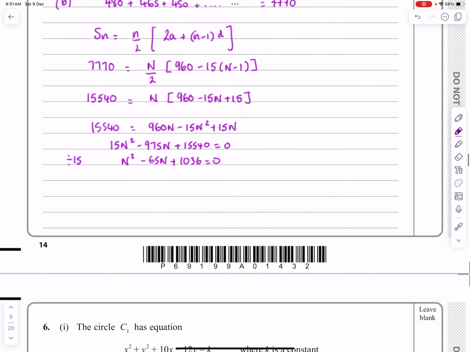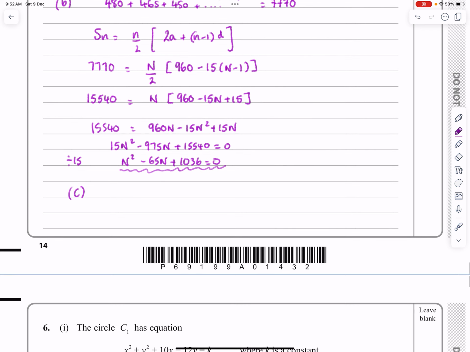Part C says hence find the answer, so it just means solving this equation. You could do it by factorising if you're a superstar at being able to work it out. It's 28 and 37 are the two factors, but I wouldn't pretend I could do that. I'd use the quadratic formula for this one.